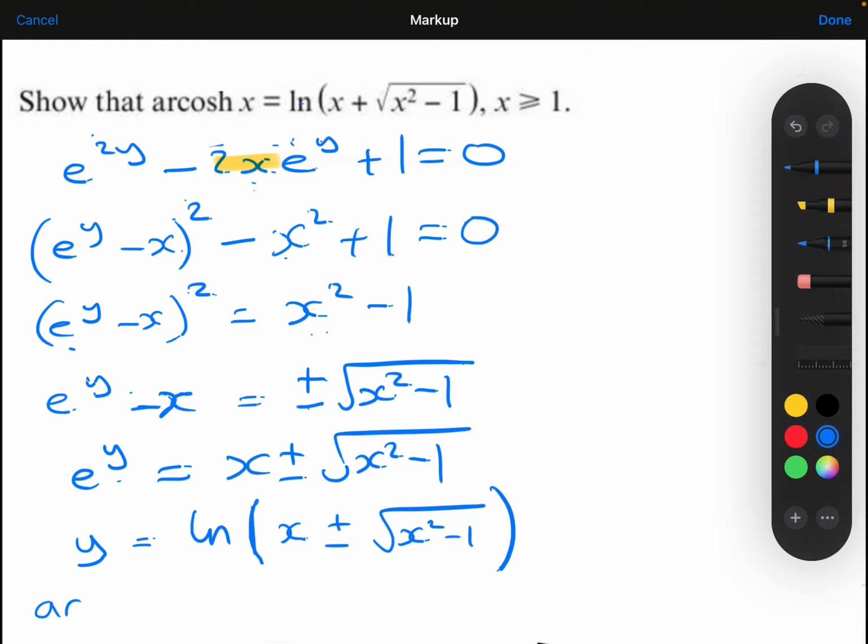Now I'm going to rewrite y. Remember, I said that y was equal to r cosh. Now, it's at this stage where there is now an issue.